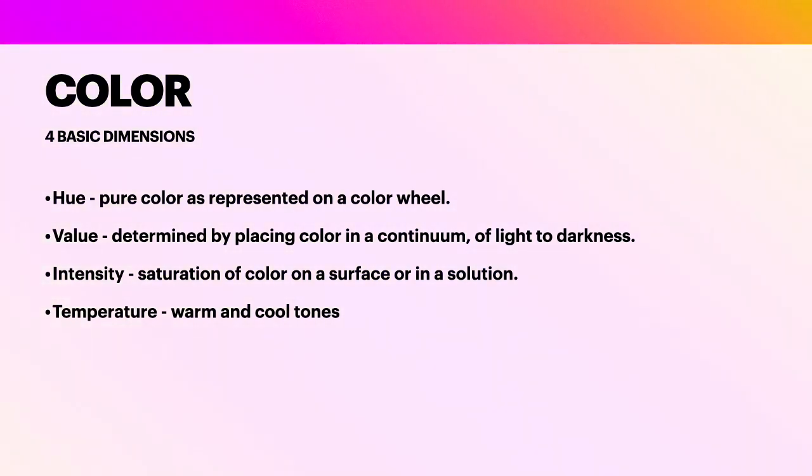Now, your temperature is going to be those warm tones or even cooler tones. So your warm tones are those that are connected to yellow, orange, and red. Your cool tones are going to be those that are green and blue.